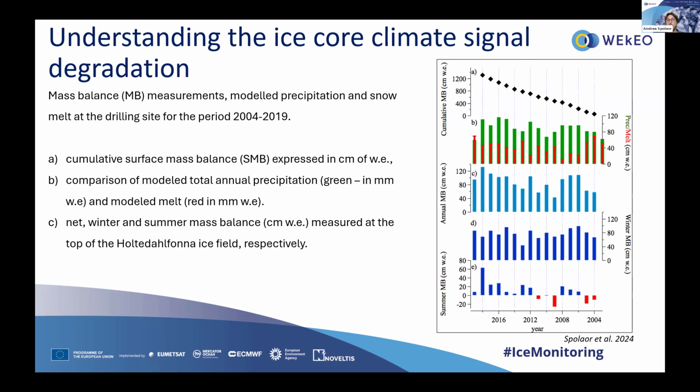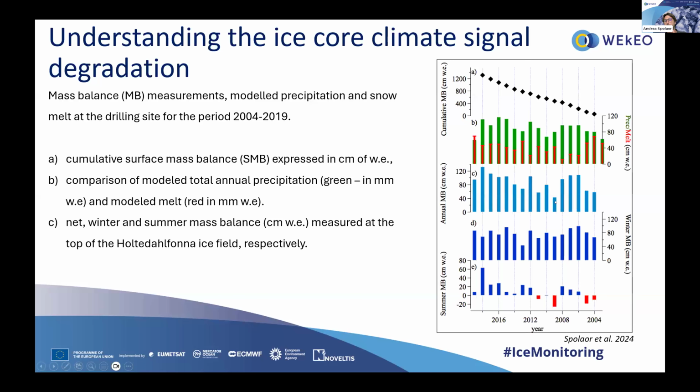In this case, the mass balance, so how much the glacier on our drilling site is gaining or losing mass, can help a lot in defining this degradation of the signal. For example, if we look at panels C, D, and A, in panel C we have the annual mass balance.